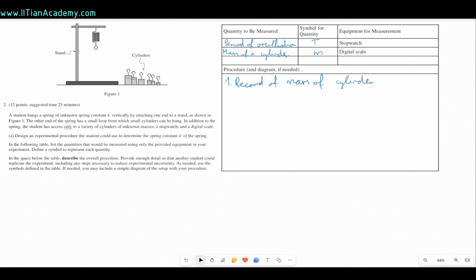And then we can hang it on the spring, and then displace it by some distance so it starts going up and down, oscillating. And then we can measure the time for, let's say, 10 oscillations.